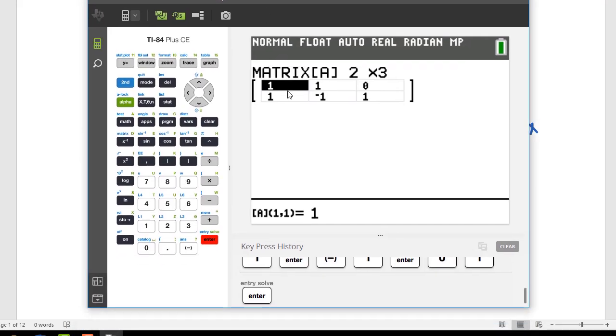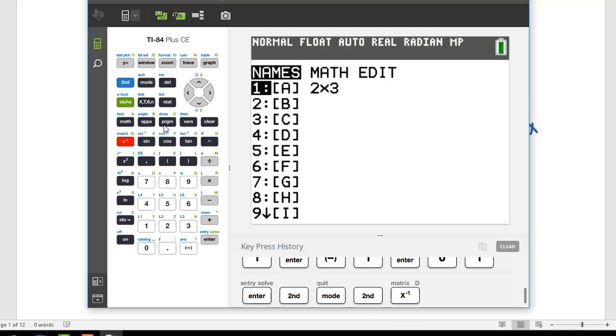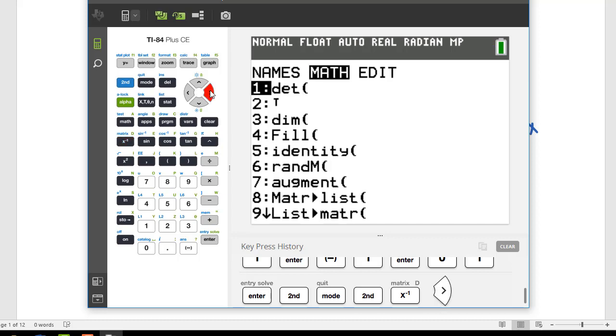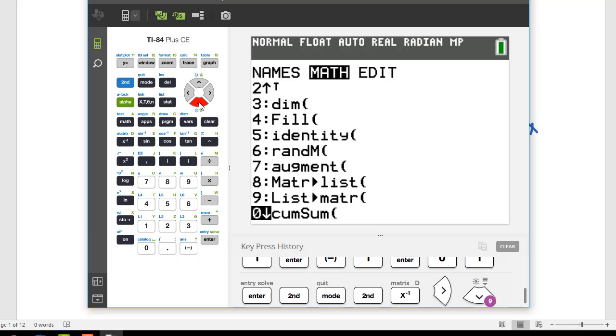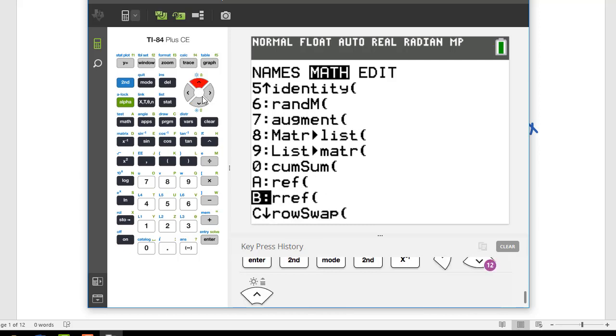All right, so here's my matrix, and then I'm going to go back to the home screen. I'm going to do second mode, quit, to the home screen, and then I'm going to go back to matrix. And in this case, I want to do some math with a matrix. So a couple different ways to do this, right? But the way I prefer to do it is putting the matrix in what we call reduced row echelon form.